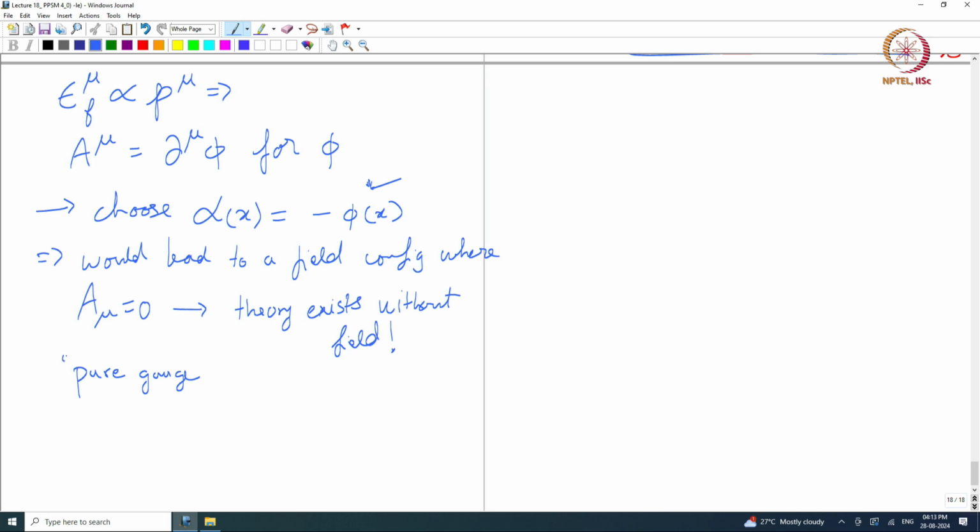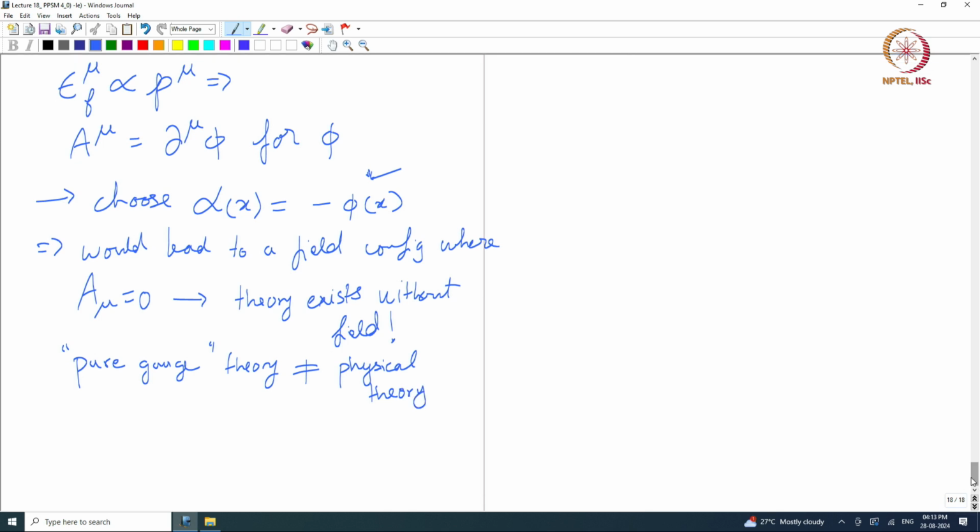So, it is a pure gauge theory, a pure gauge because alpha is the gauge, but there is no a mu. So, of course, a pure gauge theory cannot be a physical theory, I need a field to embed my degrees of freedom in, I want that field to transform like a 4 vector.